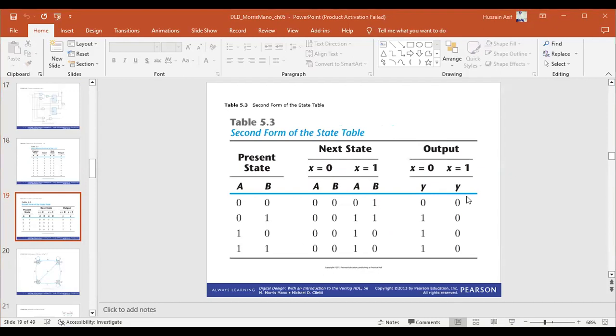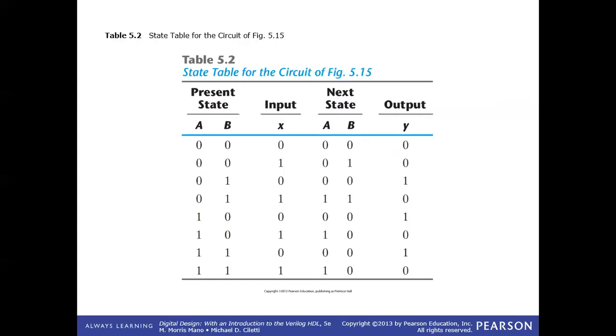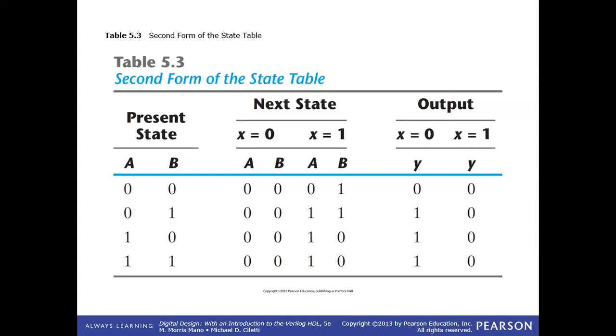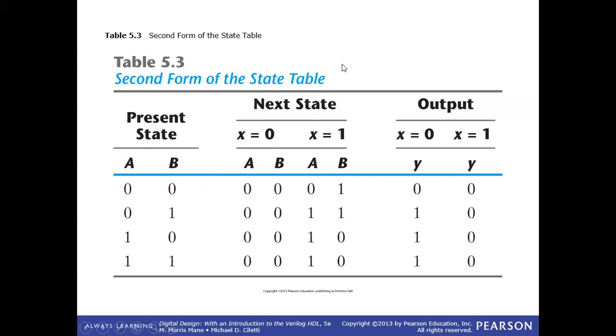Okay. So this is the form of state table that's in front of you. Let me enlarge the screen for you. Here's a state table representing this circuit in another form. We have the present state and the next states, compared when the input x is 0 and when input x is equal to 1.